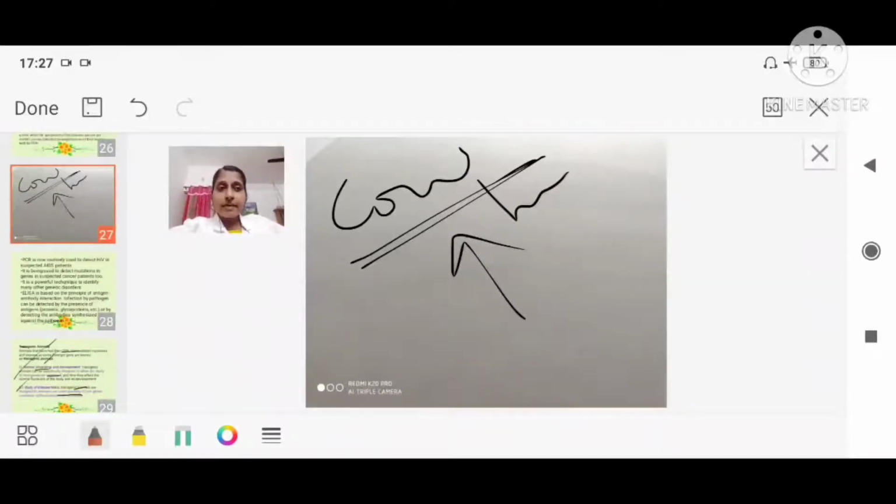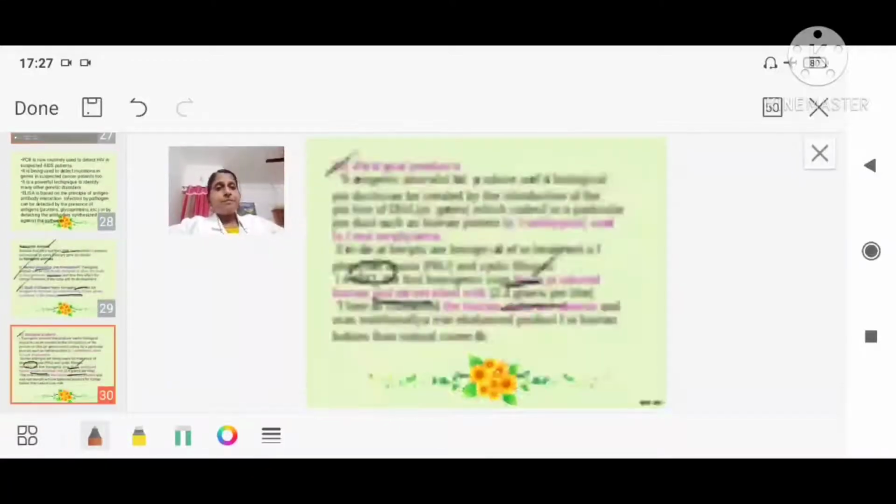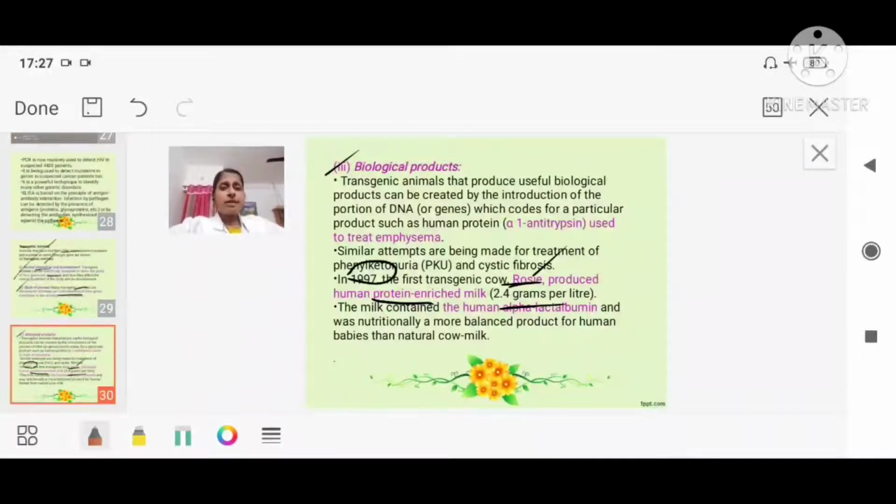This gene is producing a protein which is acting as a nutrient supplement for the baby. Like that, you can find many other introductions also done with the help of this rDNA technology. We will learn one by one.